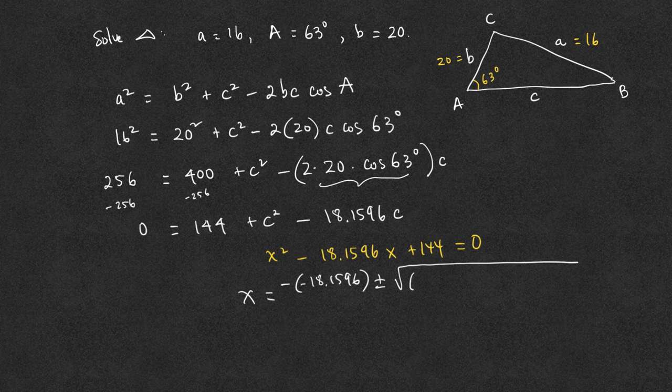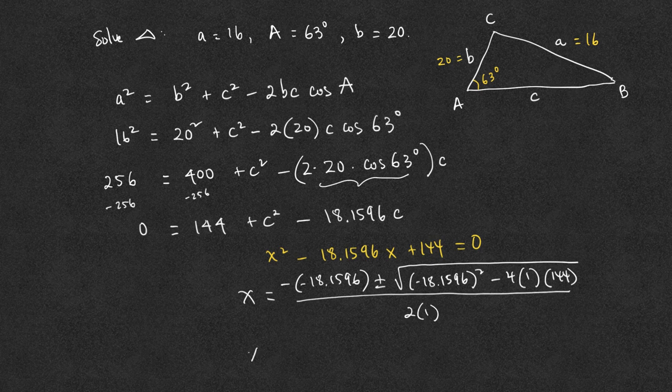So this is the square of negative 18.1596 minus 4, where a is 1 and c is 144. These a, b, c are the coefficients of the quadratic equation: a is the coefficient in front of x squared, b is the coefficient in front of x, and c is the constant coefficient, all over 2a.